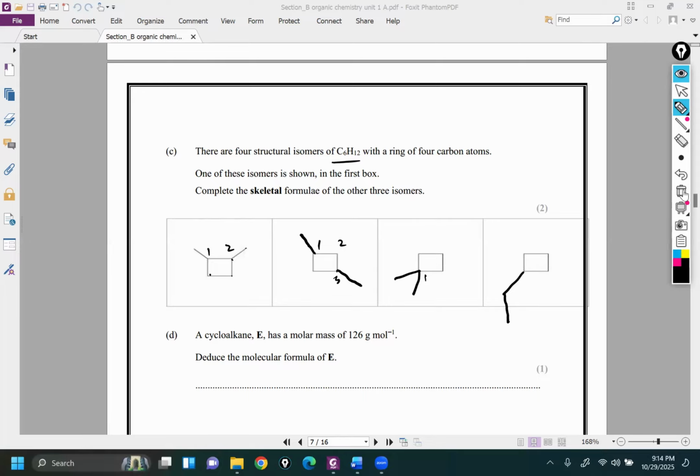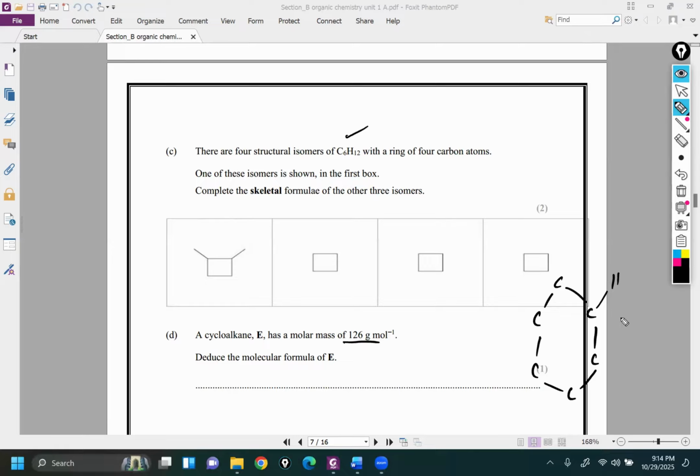Now, in the next part, a cycloalkane E has a molar mass 126 grams per mole. Deduce the molecular formula of E. Now, if you look at a cycloalkane, suppose I take this example, I just want to give you an idea that you can implement in the future for a new question.